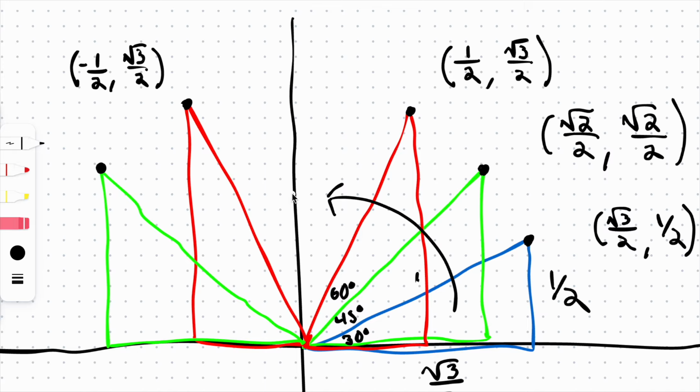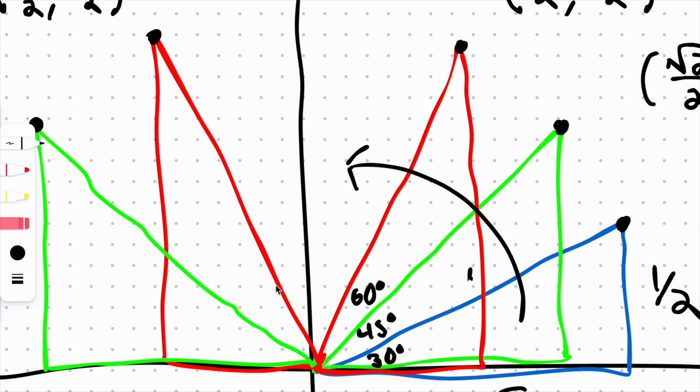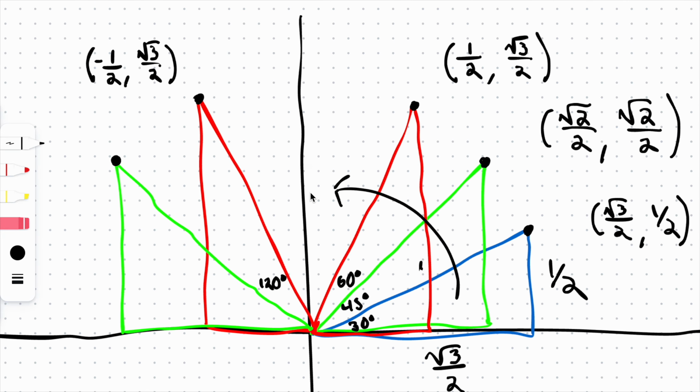But here, I need to go 30 degrees more, right? This angle is 30 degrees because this angle for the red triangle is 60 degrees, and if we go all the way down here, this is 180. 180 minus 60 is going to be 120. So I'm going to label this red triangle as having an angle measure of 120 degrees, which makes sense because we get to 90 here and we go 30 more to get to 120.